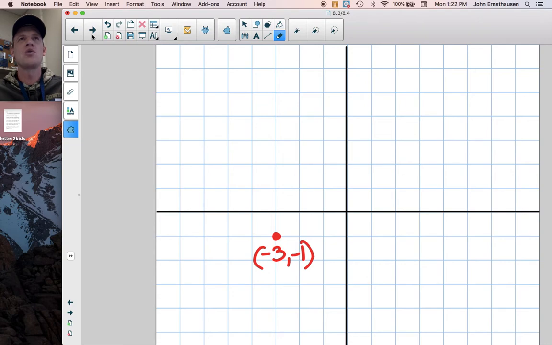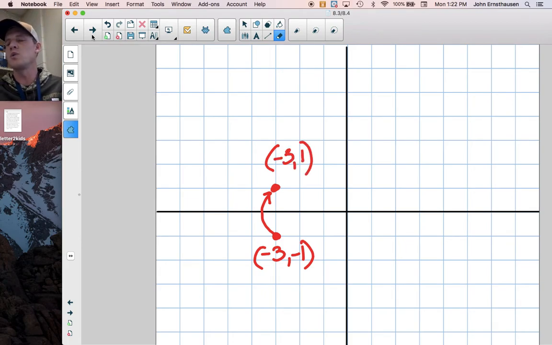What would my new coordinates be? All right, if we reflect this across the x-axis, we're flipping the pancake over the x-axis, and the new coordinates would be negative 3, positive 1. Notice when we reflect it across the x-axis, what changes? Yes, the y value changes, not the x. The x actually stays the same, okay?